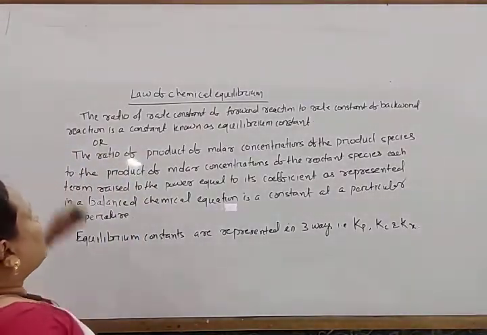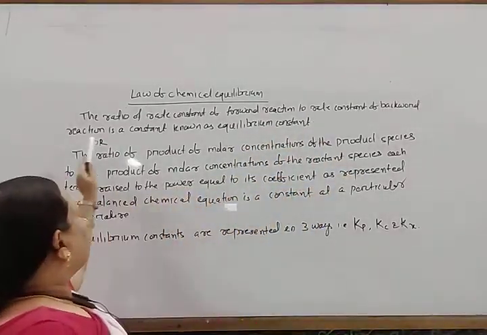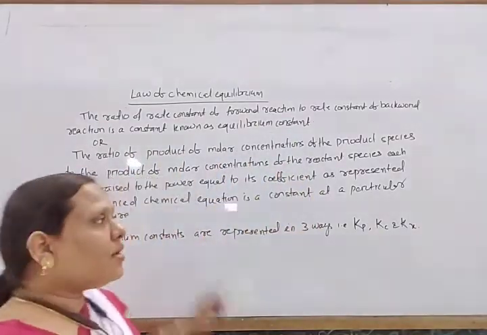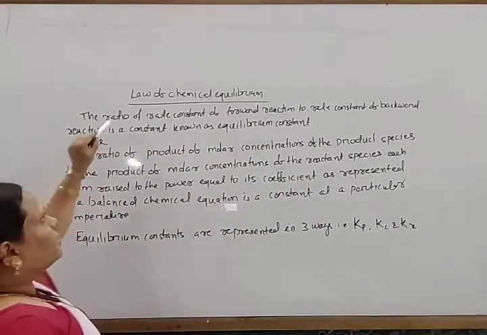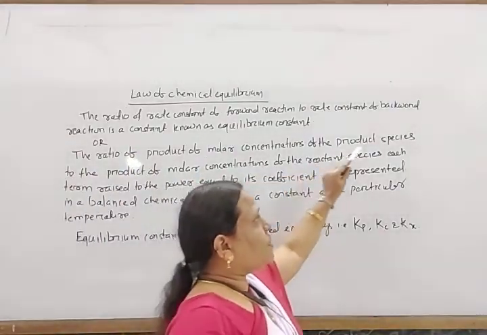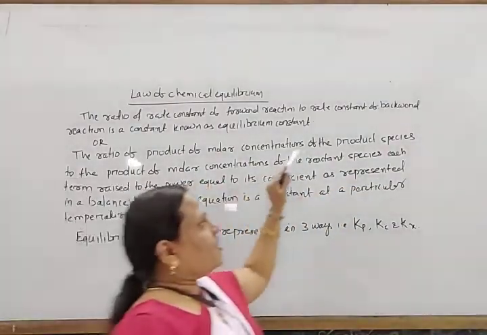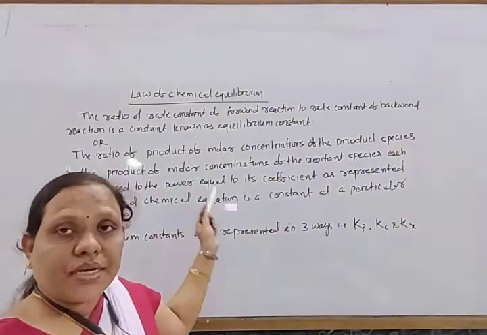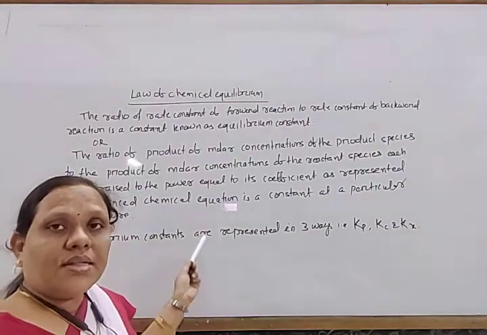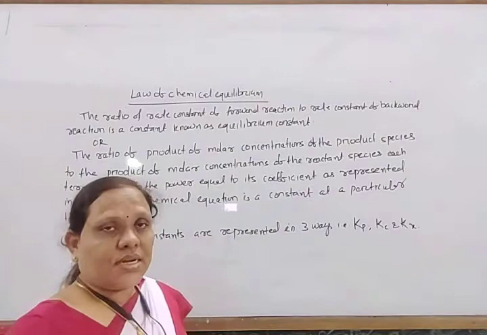So now the ratio of the rate constant of the forward reaction to the rate constant of the backward reaction is a constant known as the equilibrium constant. Or what is the definition of the equilibrium constant? What is the law of chemical equilibrium? The ratio of the product of molar concentrations of the product species to the product of molar concentrations of the reactant species, each term raised to the power equal to its coefficient as represented in a balanced chemical equation, is a constant known as the equilibrium constant.